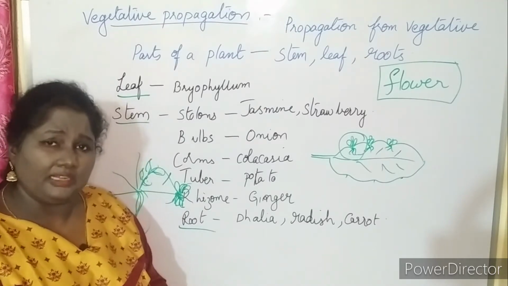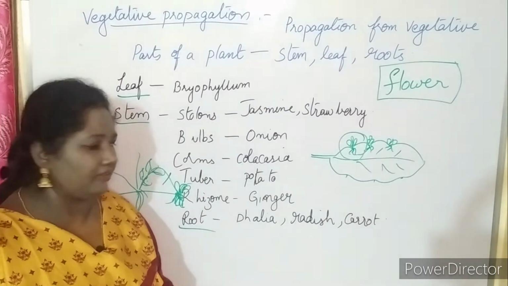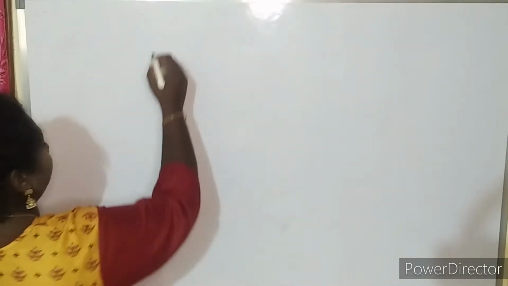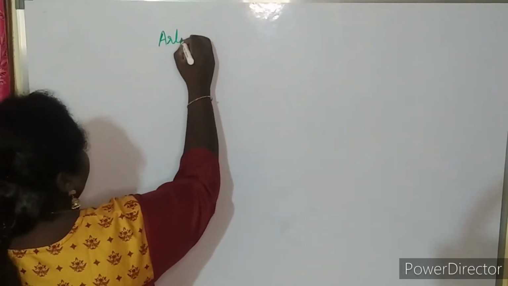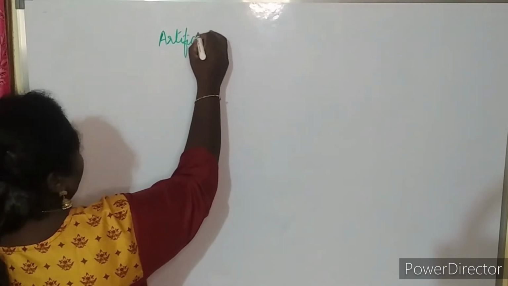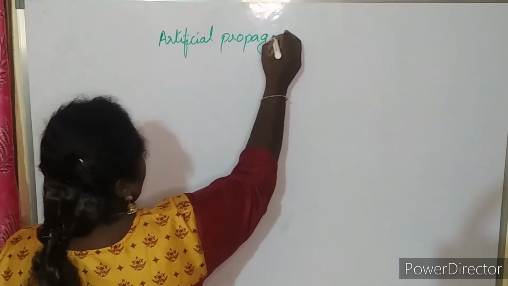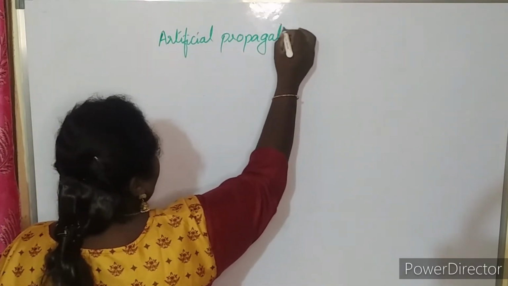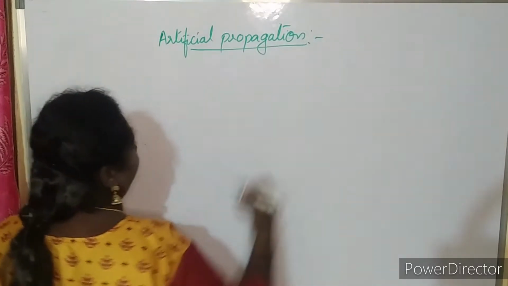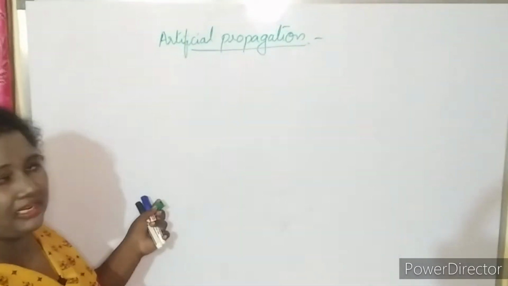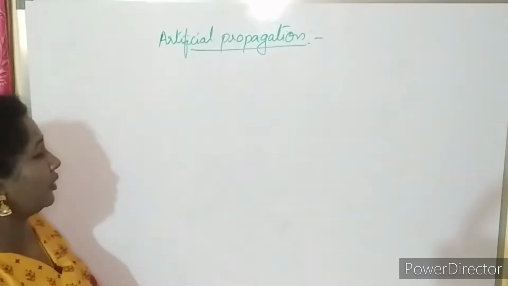What are the types of artificial propagation? We make the propagation artificially, so it is called artificial propagation.